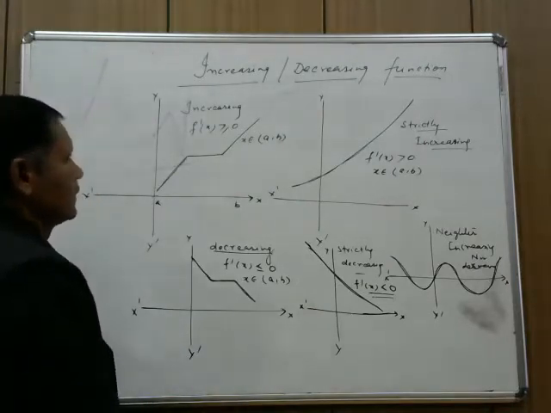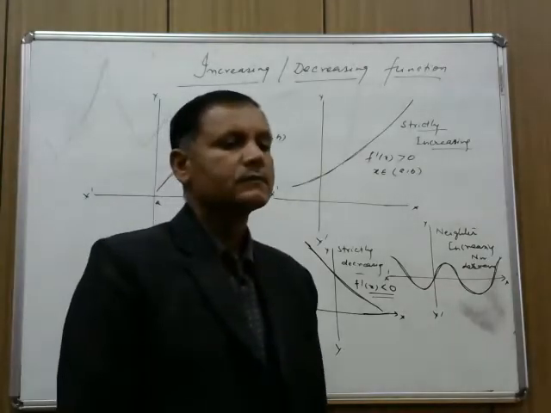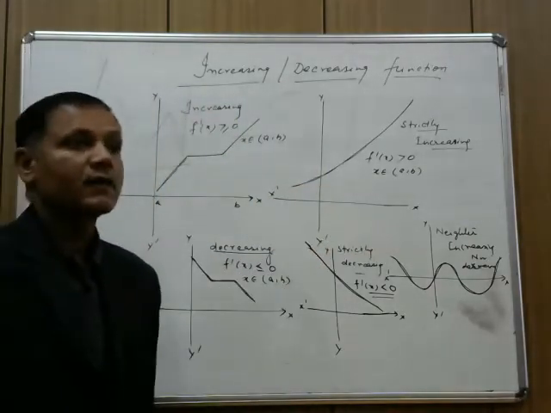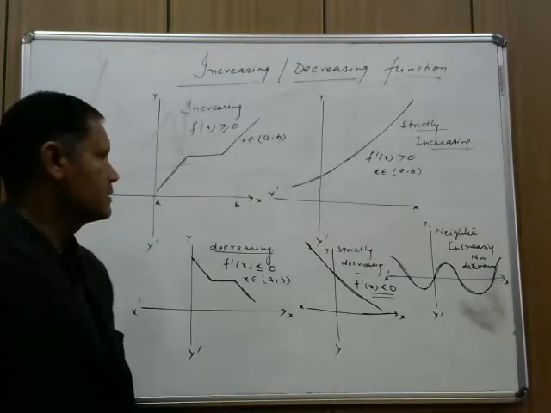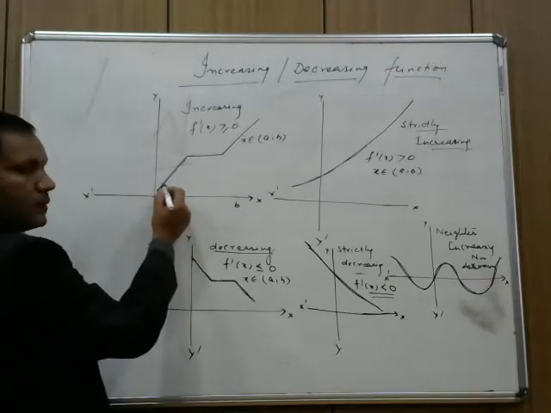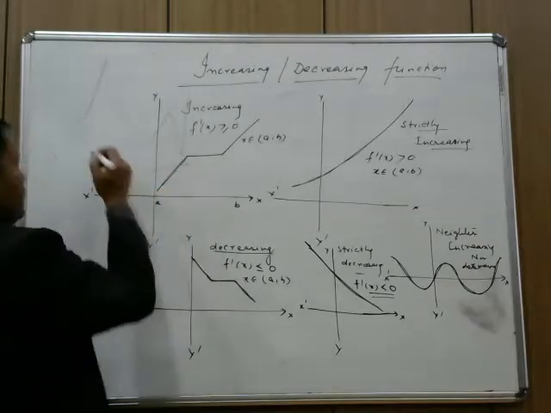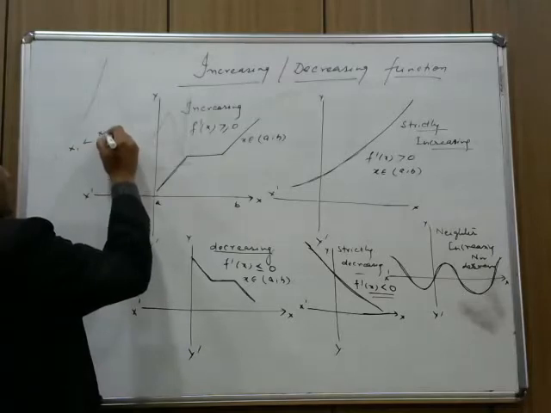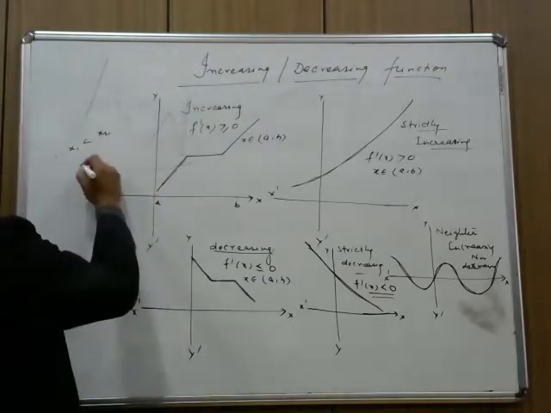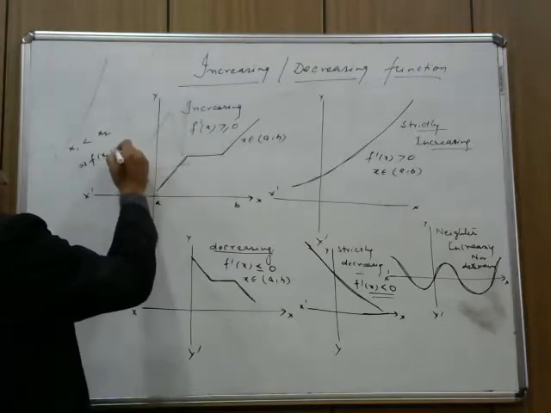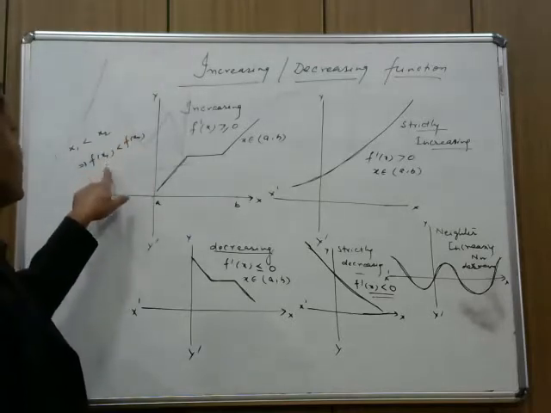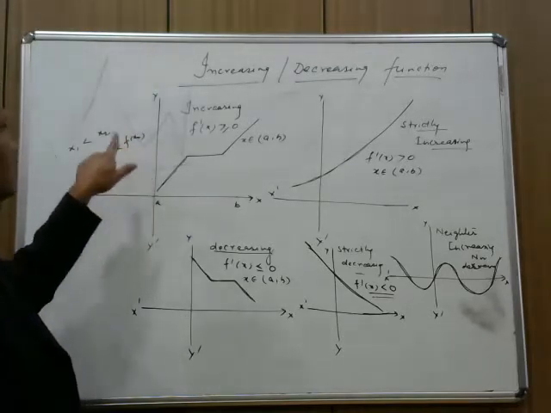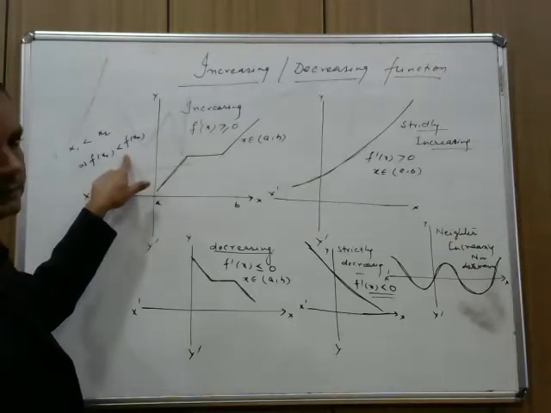That means we will have two types of questions, or I can explain these things in another way also. When the graph is increasing, and if I take a value x1 and a value x2, and if I write x1 is less than x2, it implies that f of x1 is less than or equal to f of x2, then the graph is increasing.